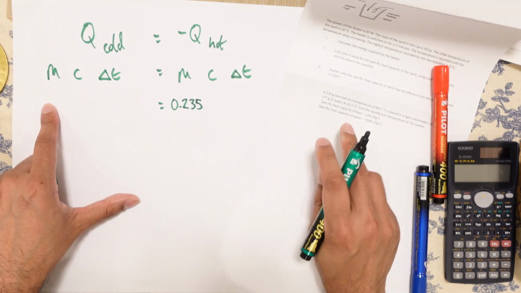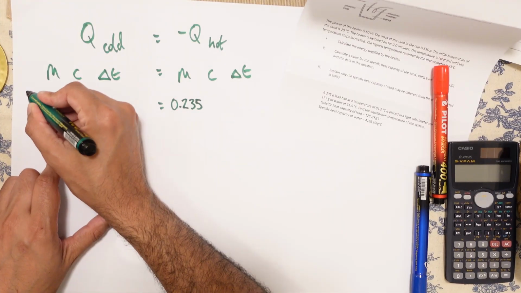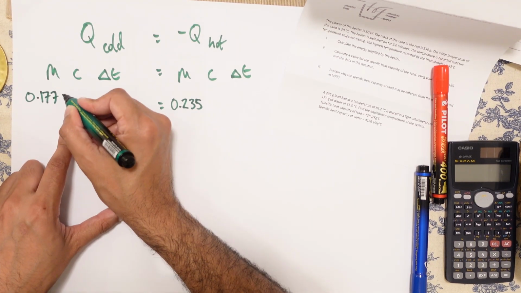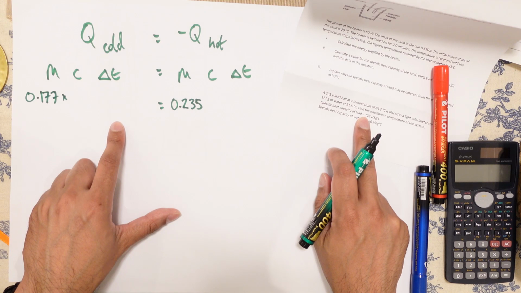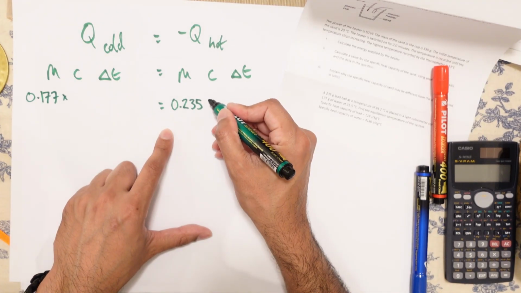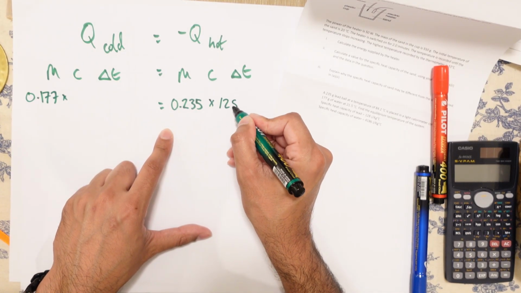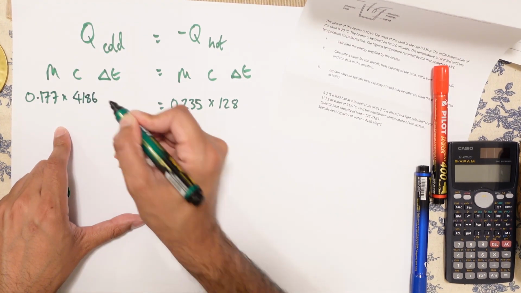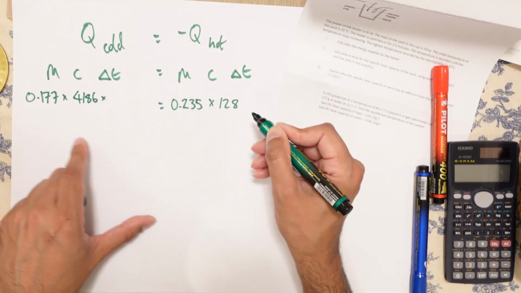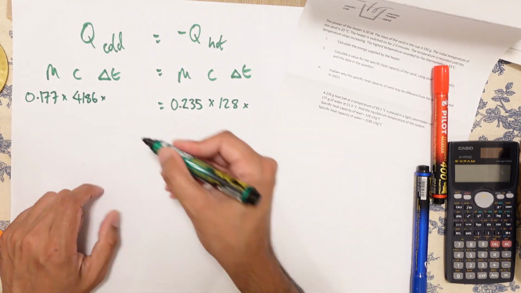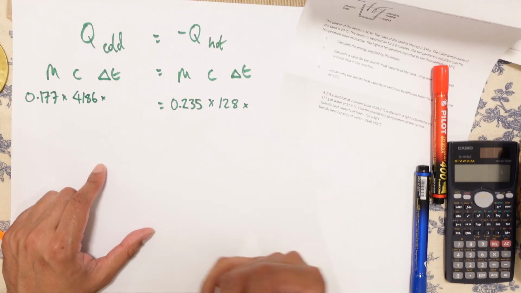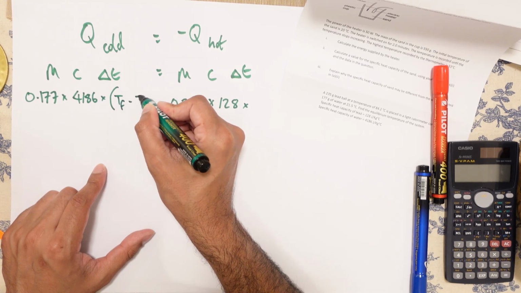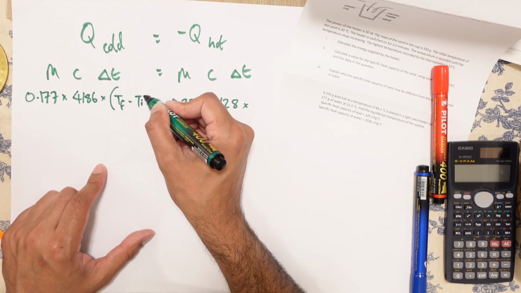And for the water, it's 177 grams, which is 0.177 kilograms. Now, the specific heat capacity for lead is 128, and for water is 4186. And then for delta T, remember, it reaches a final temperature, and we've got the initial temperature. So delta T is always Tf minus Ti.